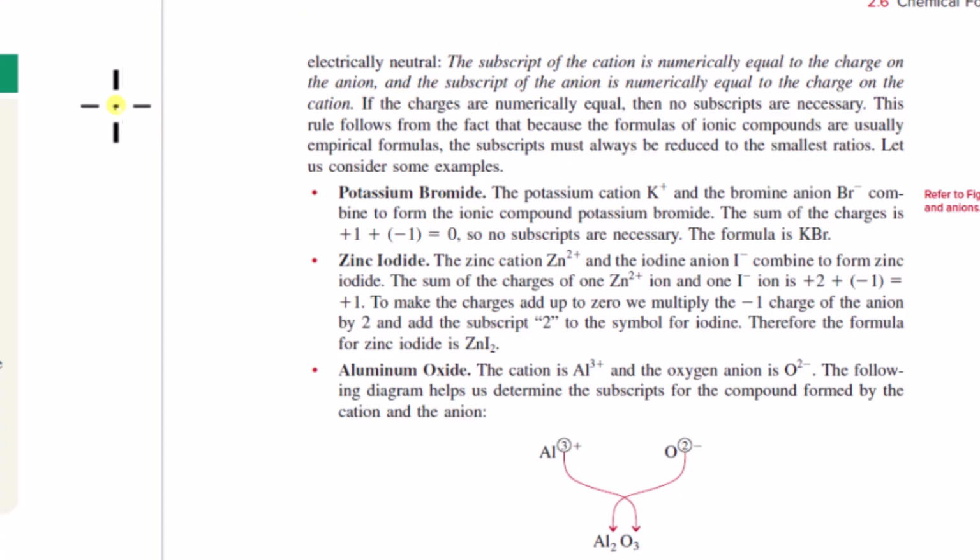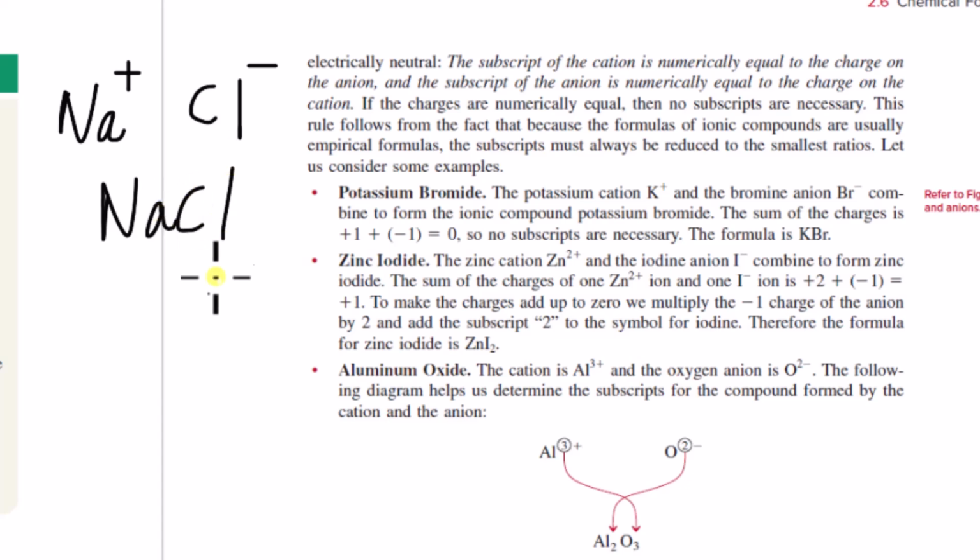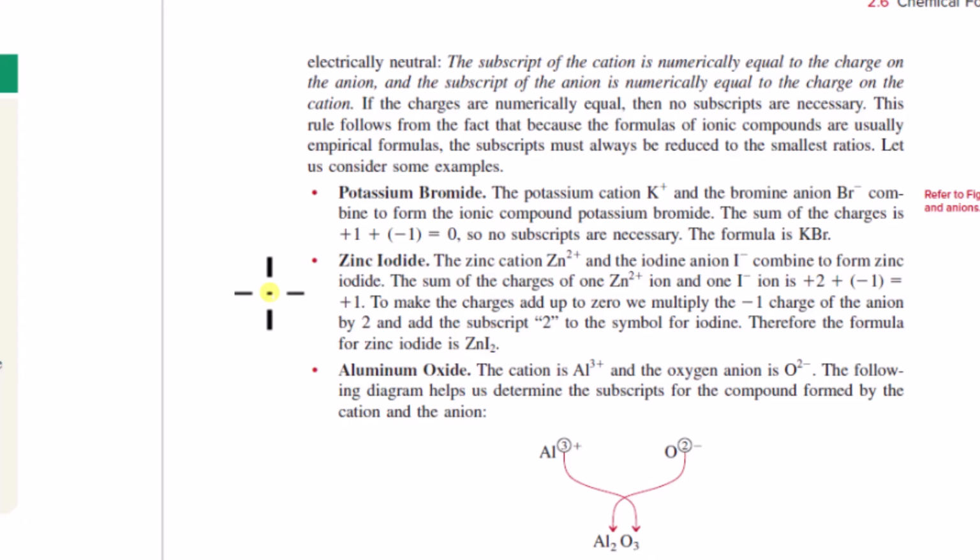So if you have the sodium cation and the chloride anion coming together, you need the charges to sum to 0. Plus 1 minus 1 is 0, so you just get NaCl. Okay, but if you have something like Al3+ and O2- coming together to create aluminum oxide, well, 3 minus 2 is positive 1.